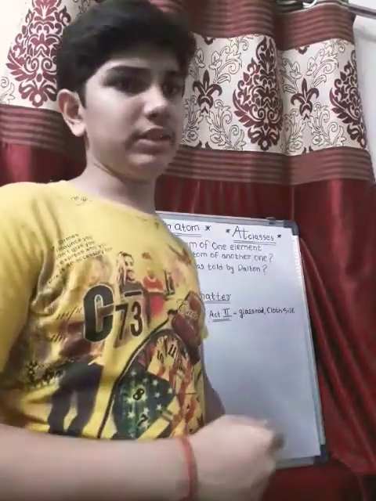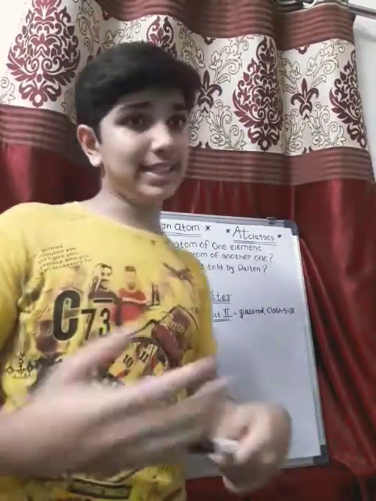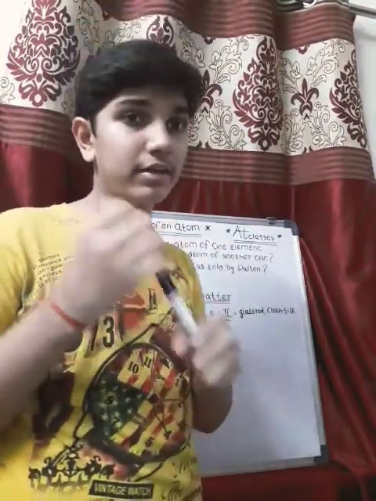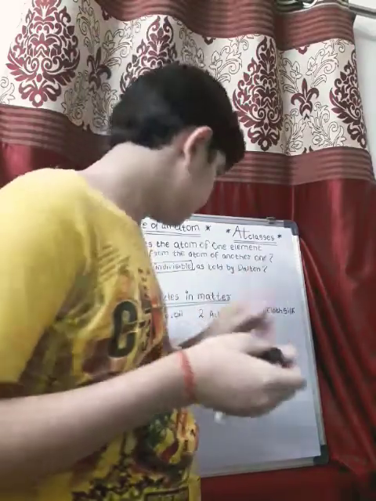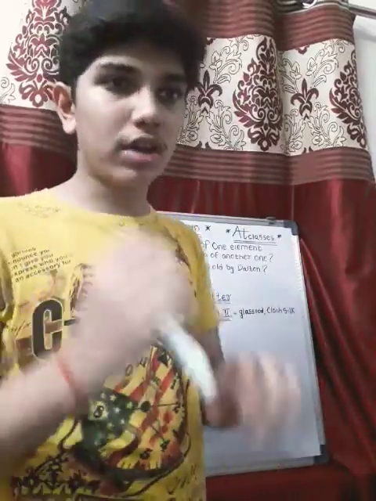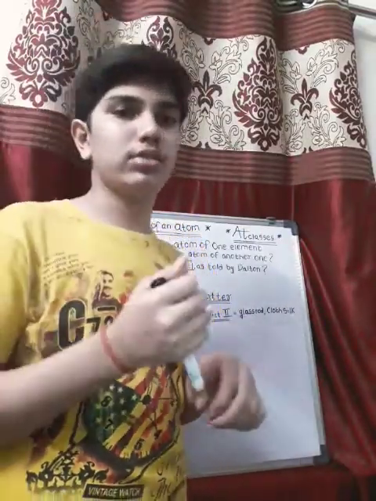Now the activity 2. This is also easy. We should take a glass rod and rub it the same way we rubbed the hair, with a silk cloth.